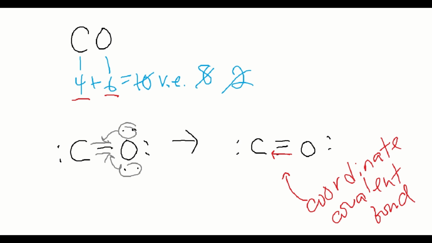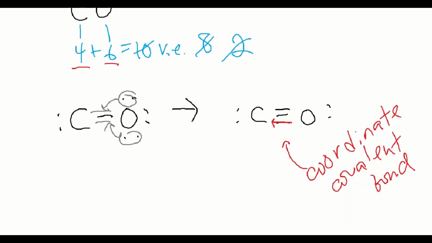Now it turns out coordinate covalent bonds become more common as we get into metal ligand complex ions, and we haven't gotten there yet, but just to give you a little preview, we'll learn about hybrid orbitals in a couple days, but say you have a metal and this metal has an empty orbital. Let's just call it an orbital for now.